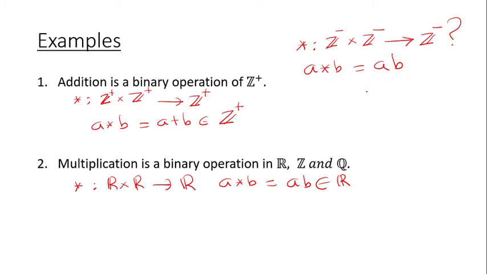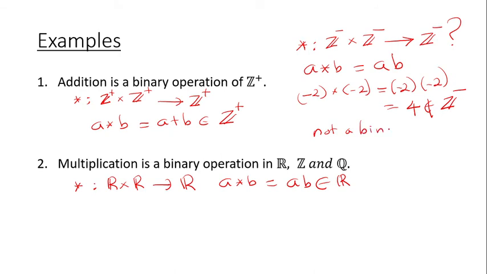Is this a binary operation? What can you say about minus 2 star minus 2? Your answer will be minus 2 into minus 2, which is 4. This is not in the set of negative integers. Therefore, this is not a binary operation. I think these two examples and this non-example are clear for you.